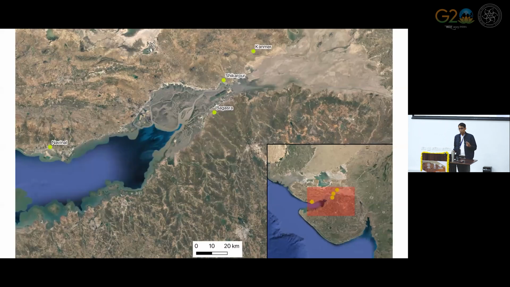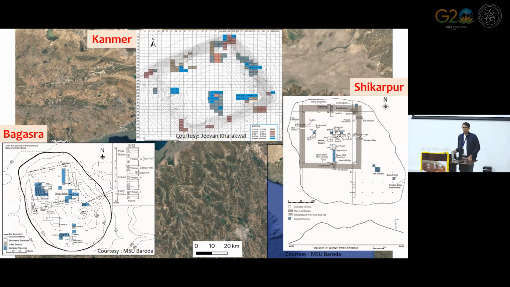And this is the location of the 4 sites I chose for this study. They are located in the Gulf of Kutch region. Among these 4 sites, 3 are excavated. 2 sites have been excavated by MS University, Baroda. Another one, Kanmer, was a joint excavation with Rajasthan Vidyapeeth.